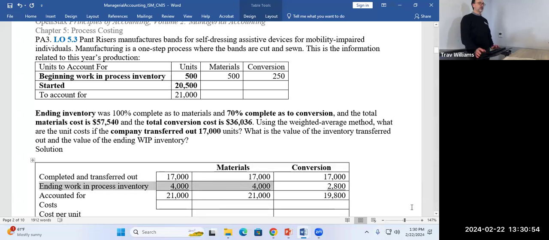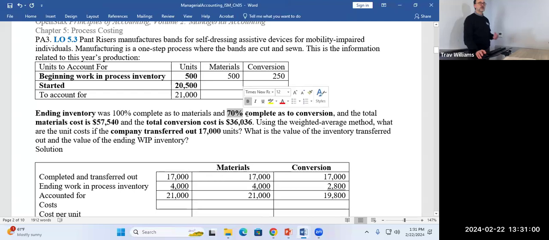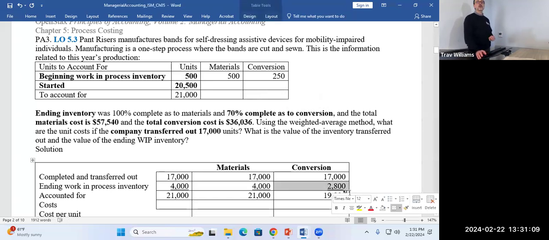Those are the ones that have not been completed yet, and they were 70% complete. So you just multiply the 4,000 ending work in process inventory by the 70% complete, and we see that's 2,800 equivalent units. And then we just add that to the 17,000 that were completely converted to get 19,800.